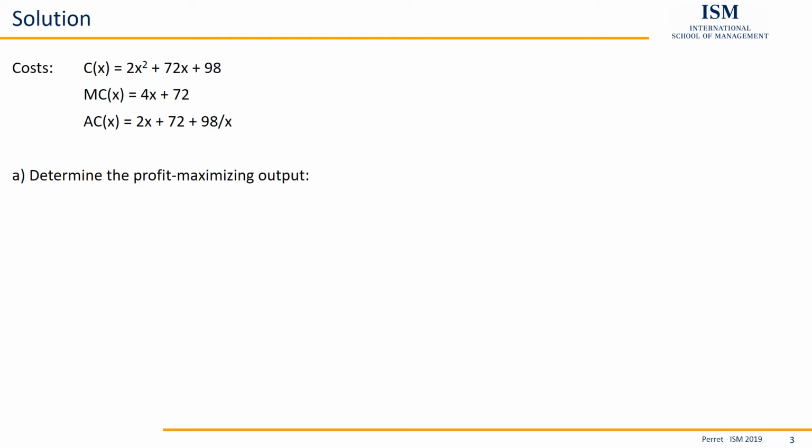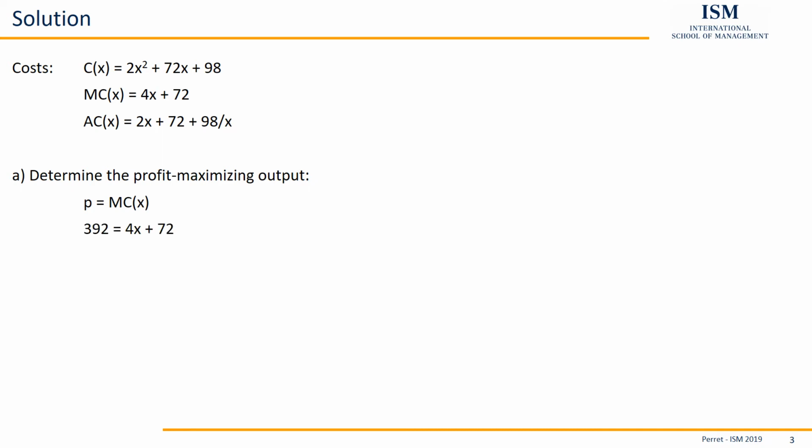So we can start with the first part, determine the profit maximizing output. For this, we are equalizing the marginal cost function and the price from the exercise. Whenever price is given and there's nothing in the exercise text about long run, this usually means take the price and equalize this with marginal costs.